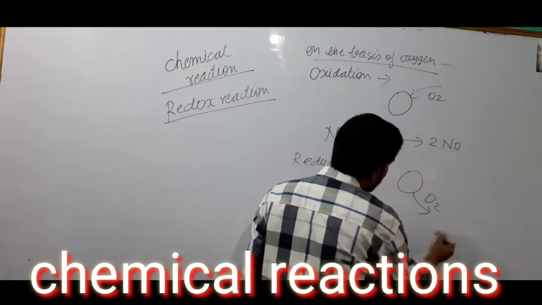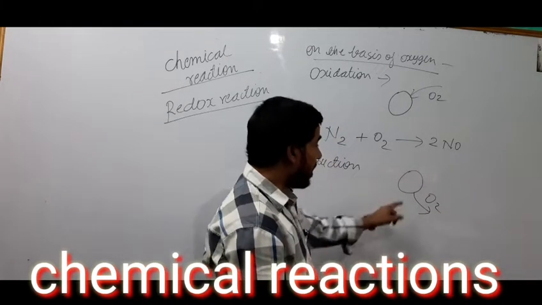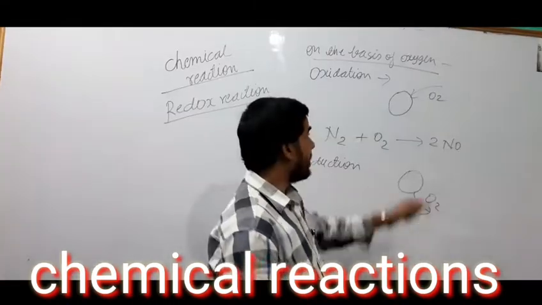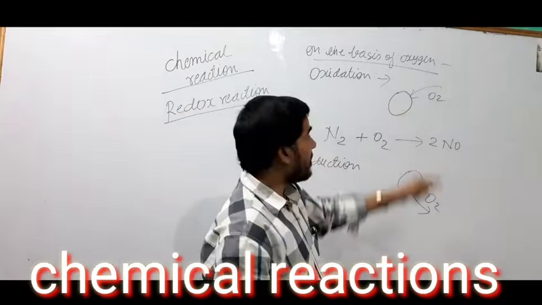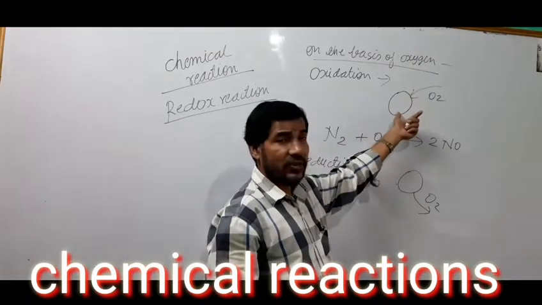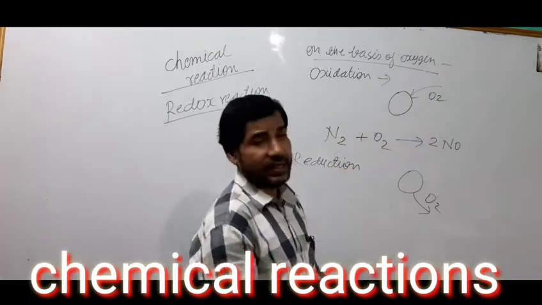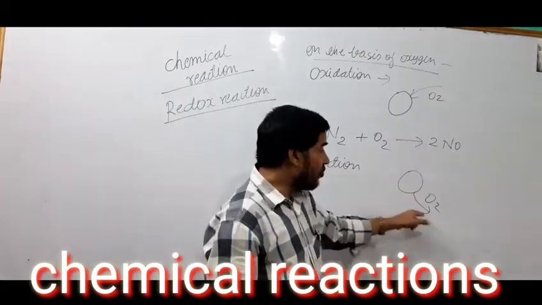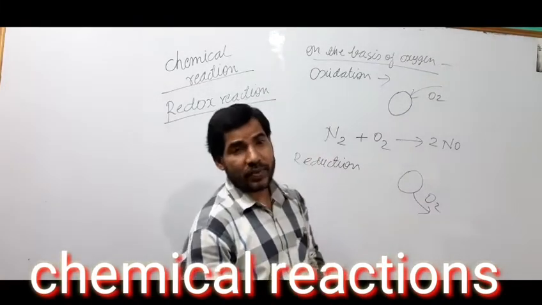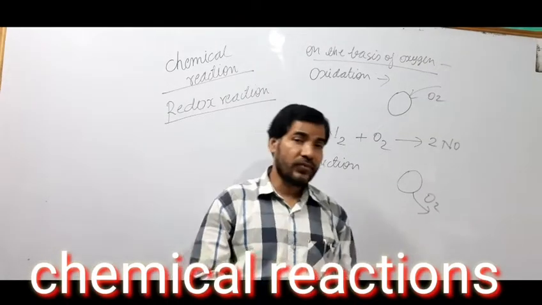This symbol tells us that removal of oxygen takes place here, and this symbol tells us that addition of oxygen takes place here. So since in this reaction addition of oxygen takes place, it is the example of oxidation reaction. But here this symbol tells us that removal of oxygen takes place, so it will be the example of reduction. How will you define it?